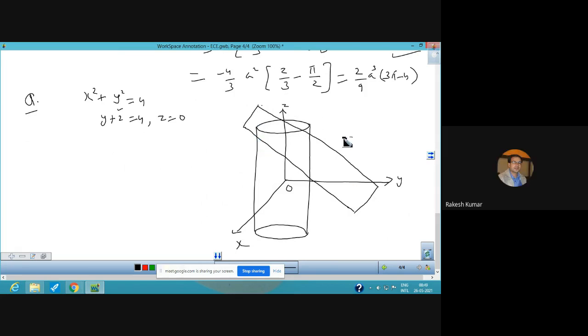This is the plane we have. This is y plus z is equal to 4 plane. Now you just see the portion, a small portion is lying. Suppose I have a cut line.